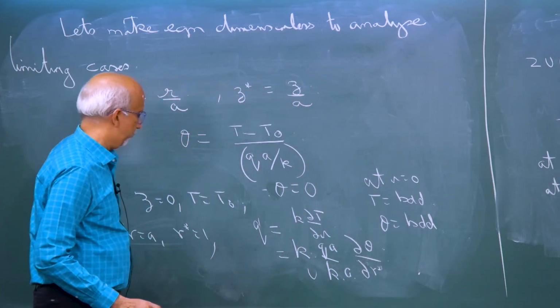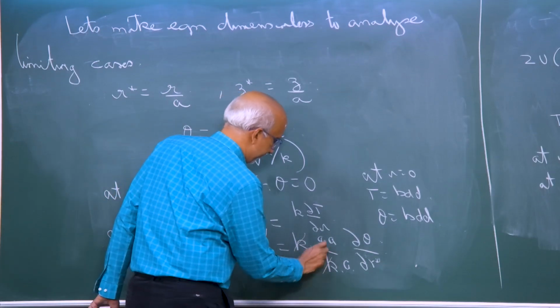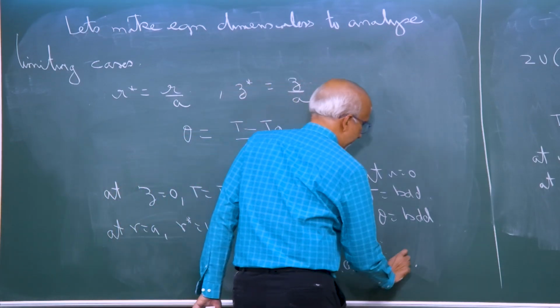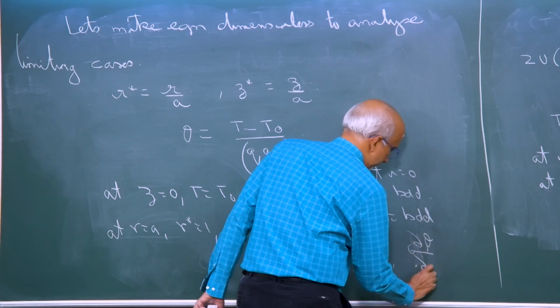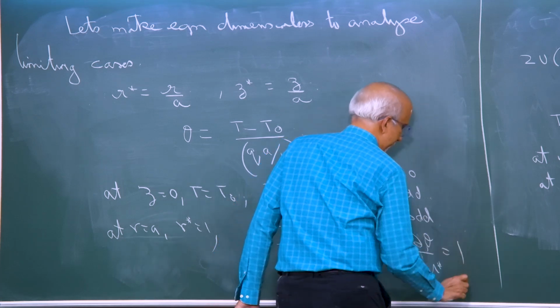So k cancels with this k, q cancels with the q, a cancels, and you get d theta by dr star equals 1.